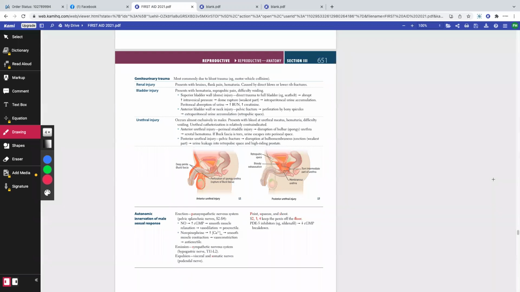What is the name of the ligament that will connect the uterus, fallopian tube, and ovaries to the lateral wall? What is the name of the ligament that will connect the uterus anteriorly to the labia majora? What is the ligament that we usually ligate in a hysterectomy? Hysterectomy, cardinal. What is the ligament that we usually try to repair in an ovarian torsion?